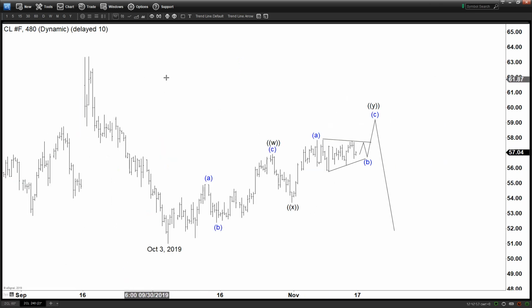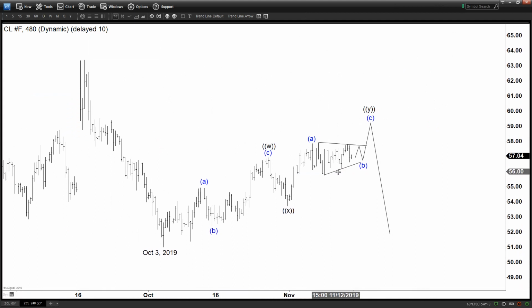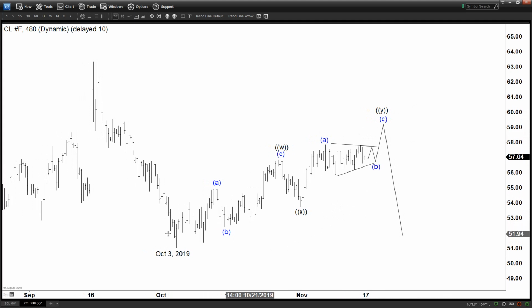So this is a 4 hour chart, and again, it's not a complete set of labels. For a more complete analysis, you can always go to our site, where we have a 14 day free trial. You can check our service, and also join the live trading room as well.